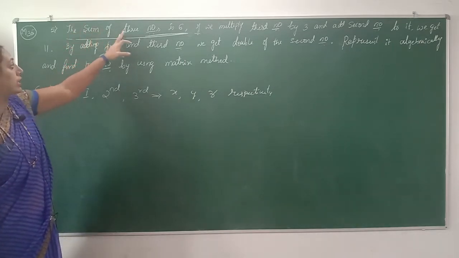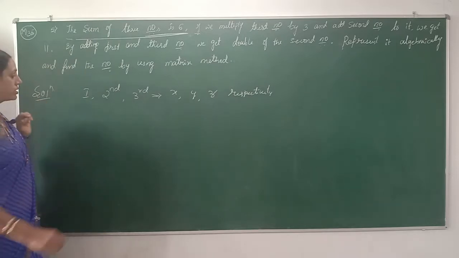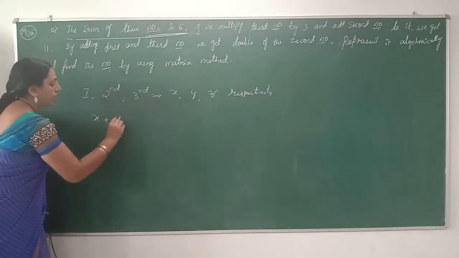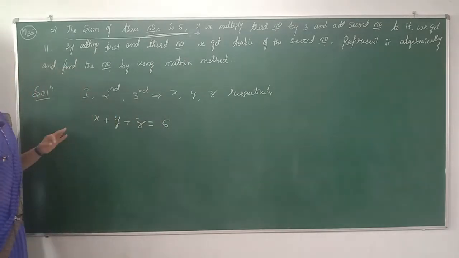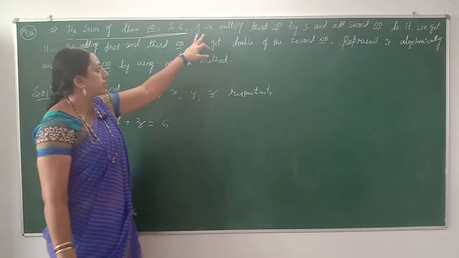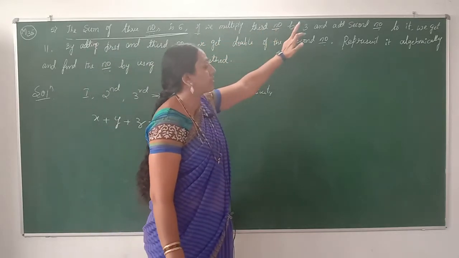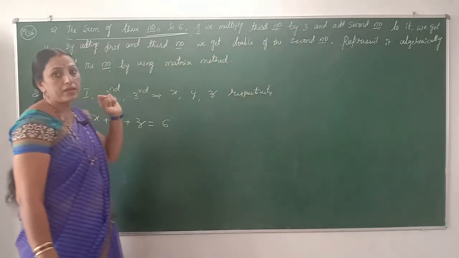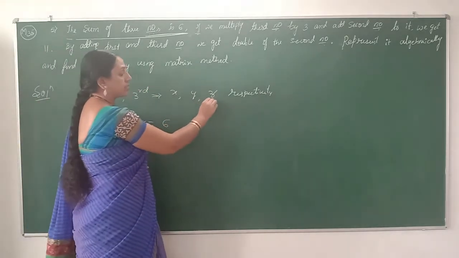Therefore, the first equation says the sum of three numbers is nothing but 6, so it can be written as x plus y plus z is equal to 6. That is one of the equations. Then the next condition: if we multiply the third number by 3, which one will be called the third number?